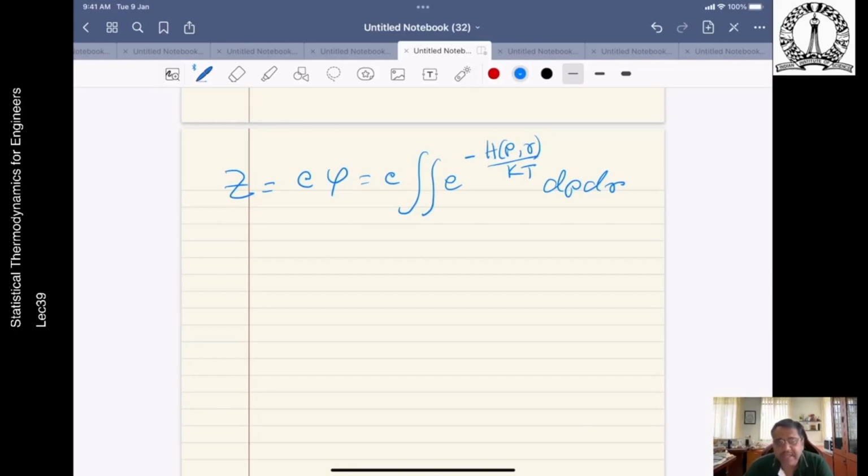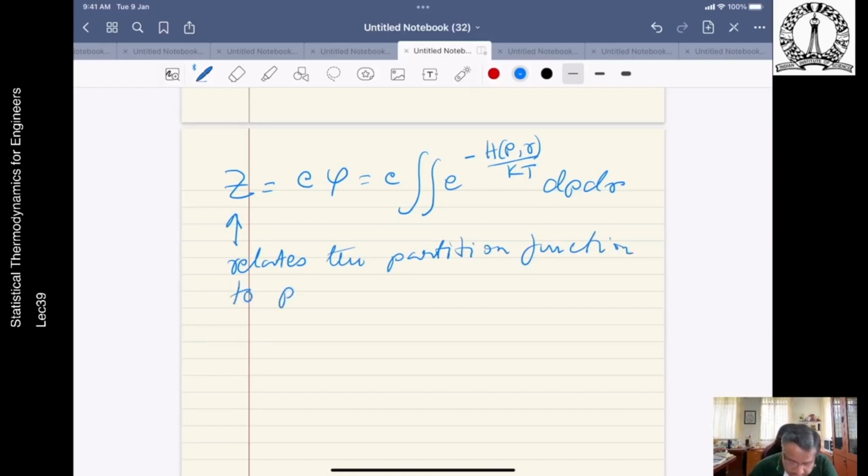This equation is highly significant because it relates the partition function to the phase integral.